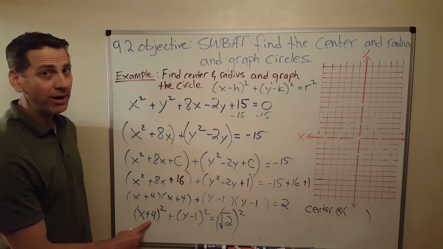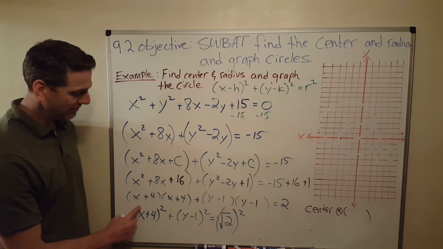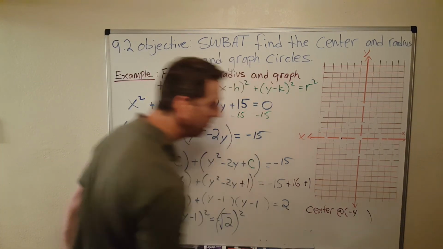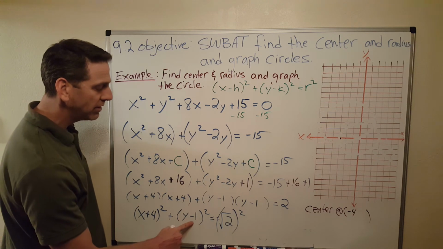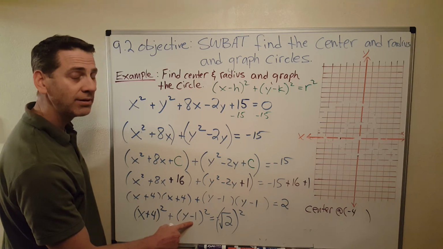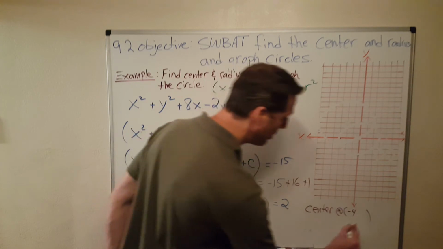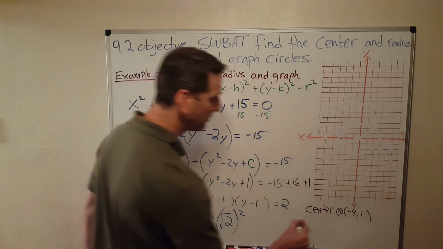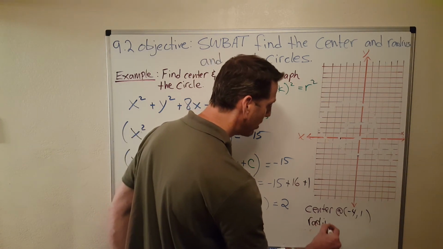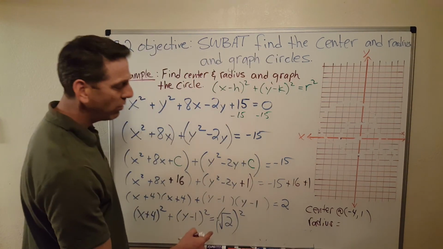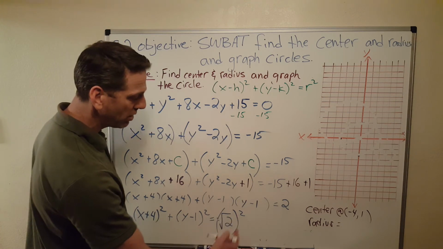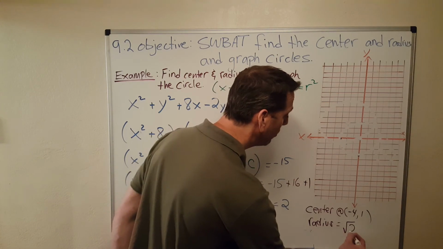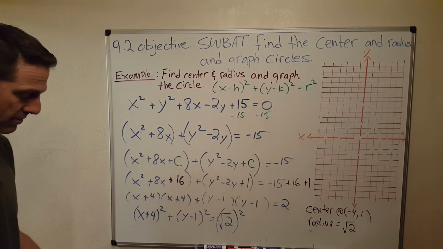Well, you would think it would be 4, right? But it's actually negative 4. This has got to be a negative 4. Just think the opposite. So my horizontal shift is negative 4, and my vertical shift is positive 1. Okay, so there's my center. And my radius. What's my radius? Well, what number is squared? Square root of 2 is my radius.